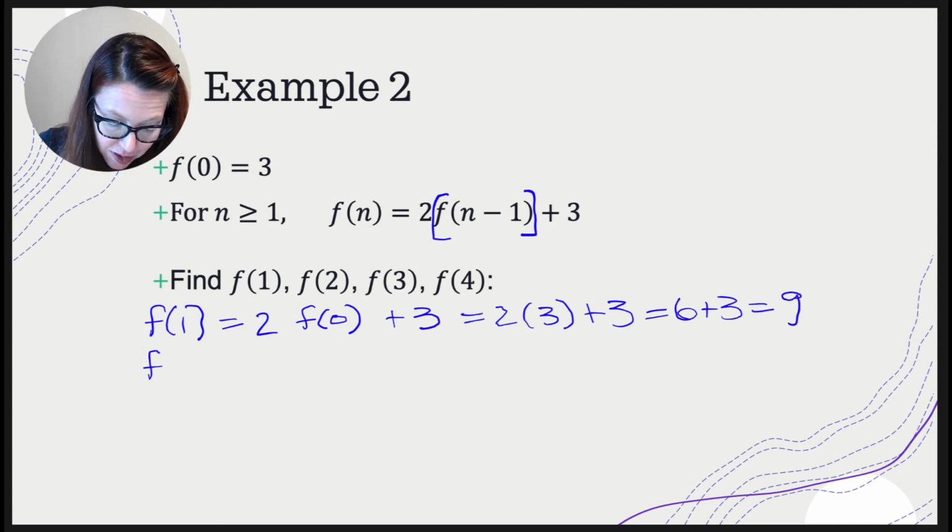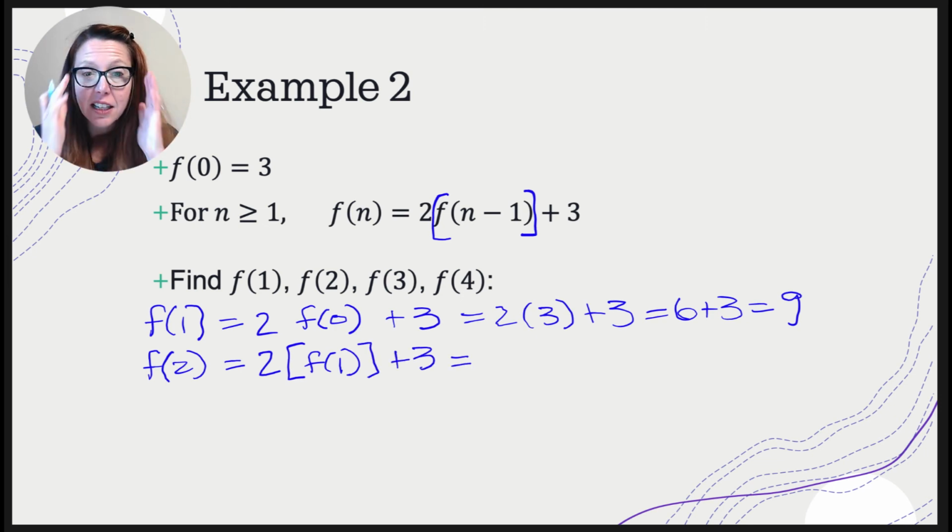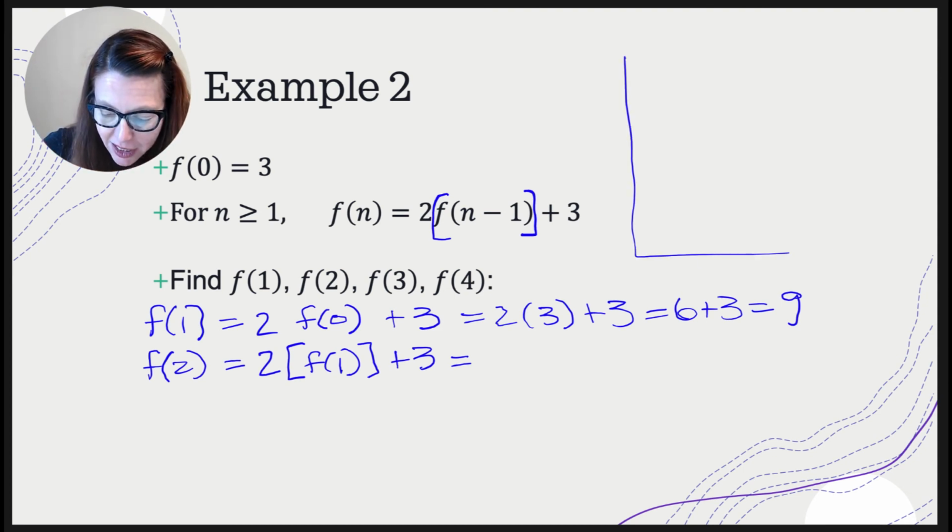F of 2 is twice f of 1 plus 3, and if you were a computer trying to figure this out, think about what that means behind the scenes.